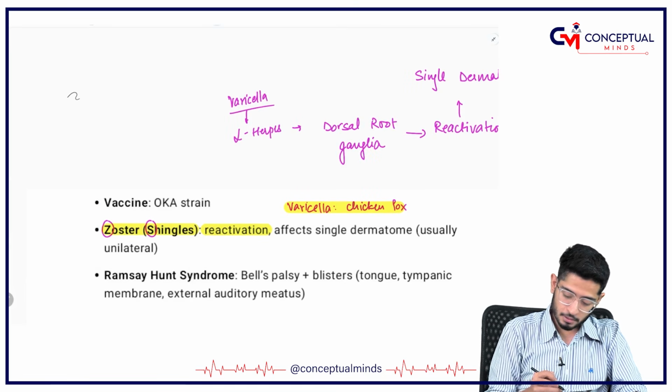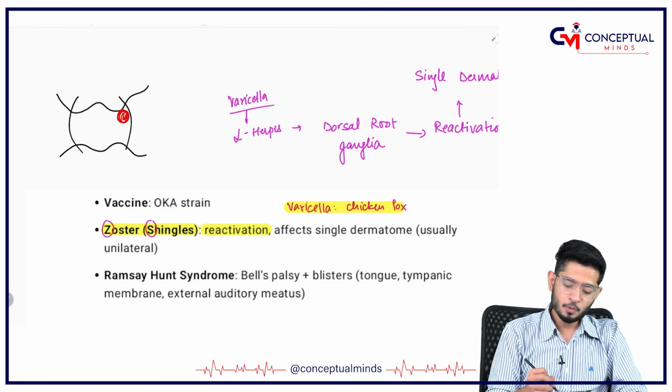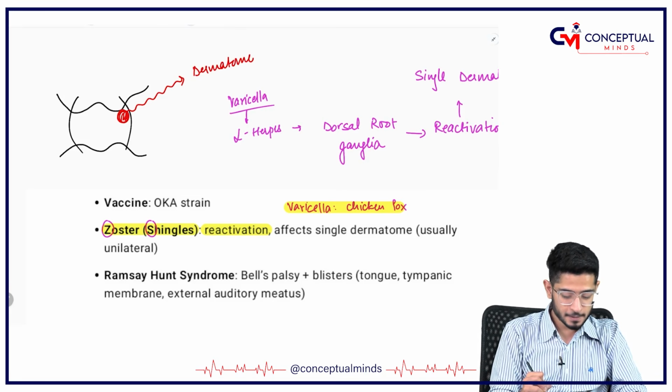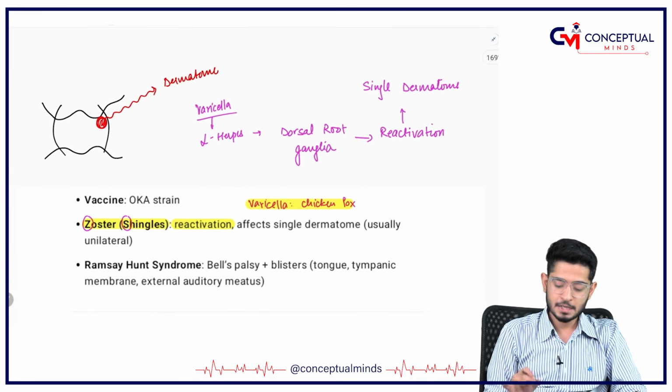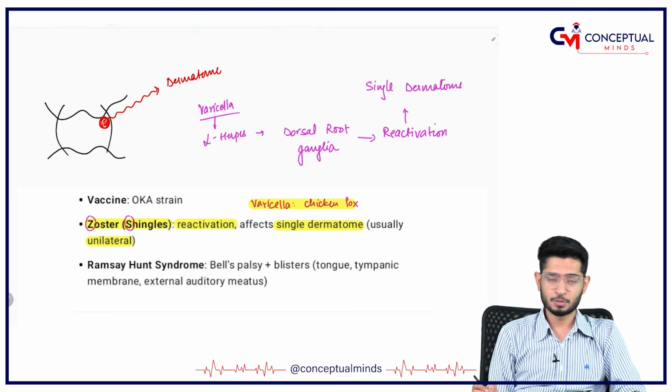Because if I make the spinal cord, although I am not very perfect at making drawings, and for example it was residing here in this dorsal root ganglia, when it is reactivated, it will go to the dermatome where it was residing. This reactivation is called zoster or shingles, and remember it affects a single dermatome. Usually it is unilateral. You got it?